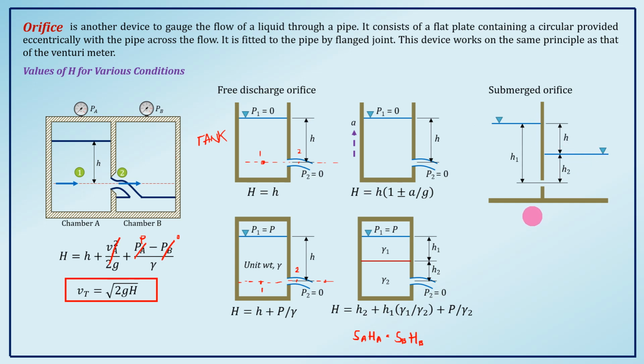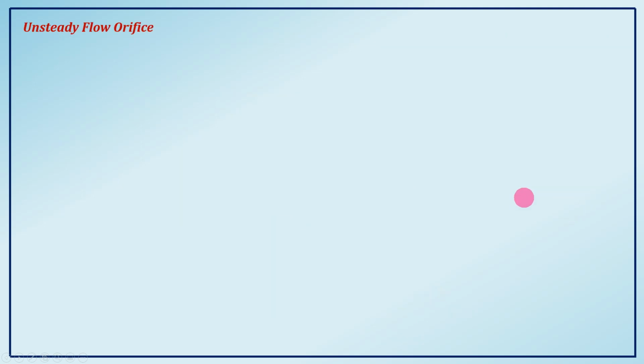So for this, the total head for a submerged orifice is equal to H1 minus H2 equals H. This is our H. That is the value of our total head in different conditions: free discharge, open or closed tanks, and submerged orifice between two adjacent tanks.